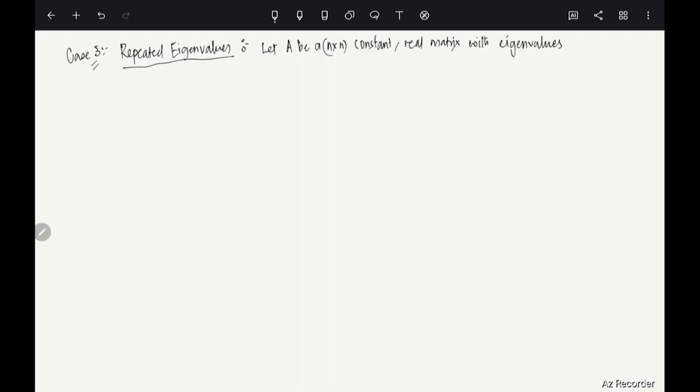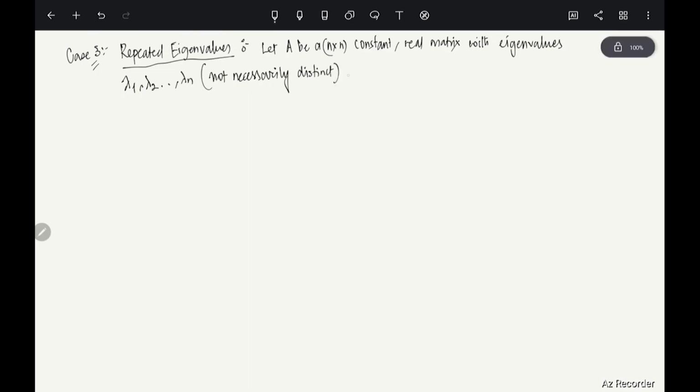What are the eigenvalues here? Lambda 1, lambda 2, lambda n. The important thing is this: these are not necessarily distinct. They may all be the same, or at least 2 or 3 of them may be the same. So basically they are not necessarily distinct.